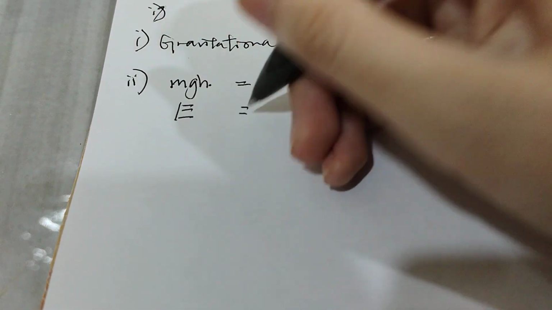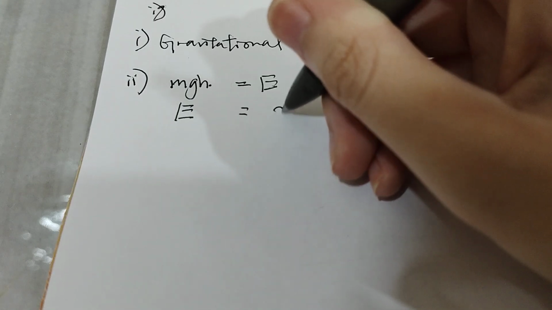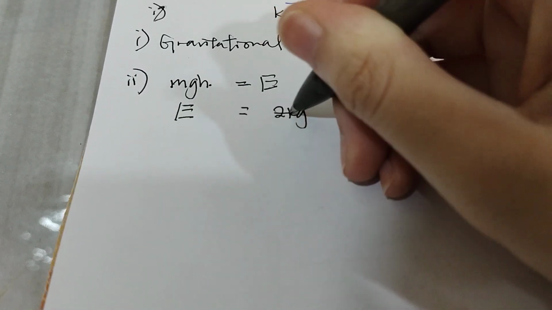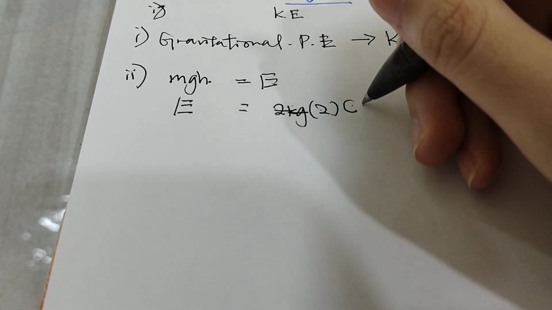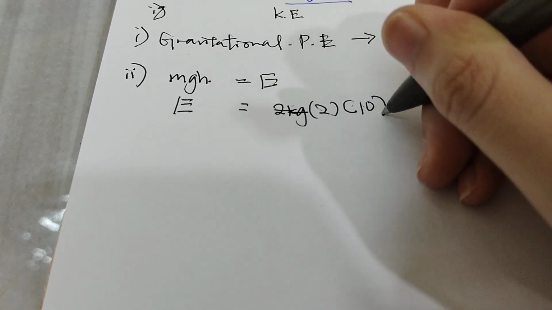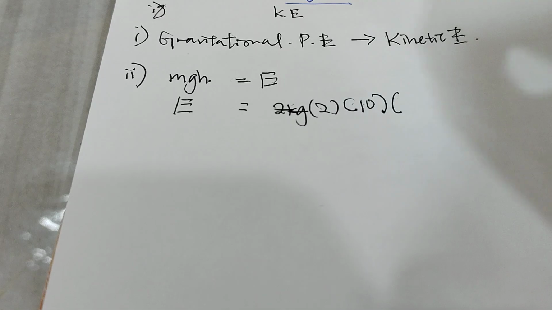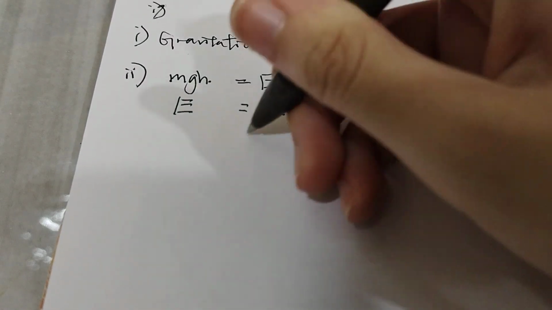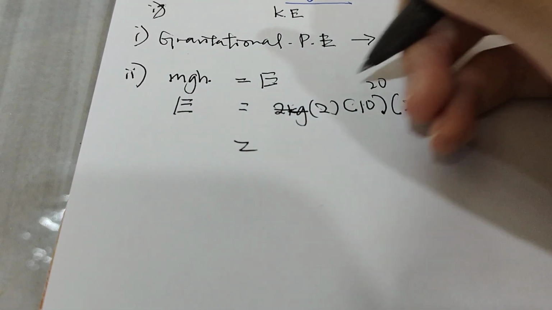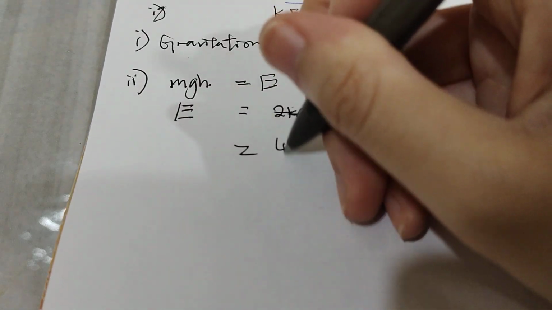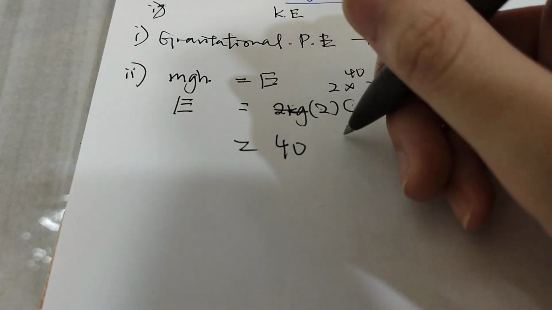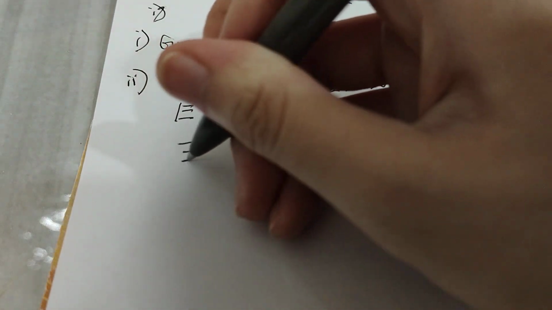So E equals the mass, which was 2 kilograms, times 10 newtons per kilogram, which they gave us, and then the height was 2 meters. So 2 times 10 is 20, 20 times 2, we get 40. So there you go, 40. Then it's energy, so it should be in joules.